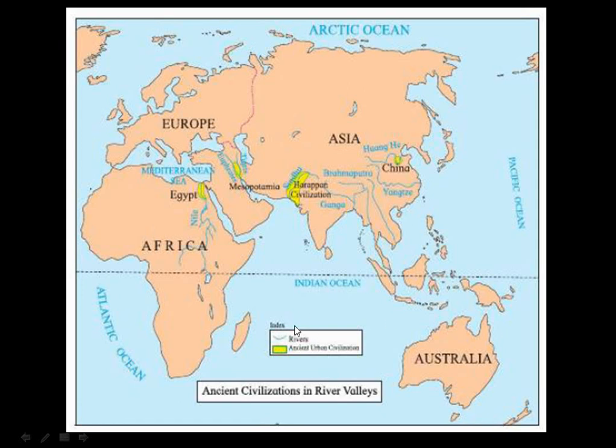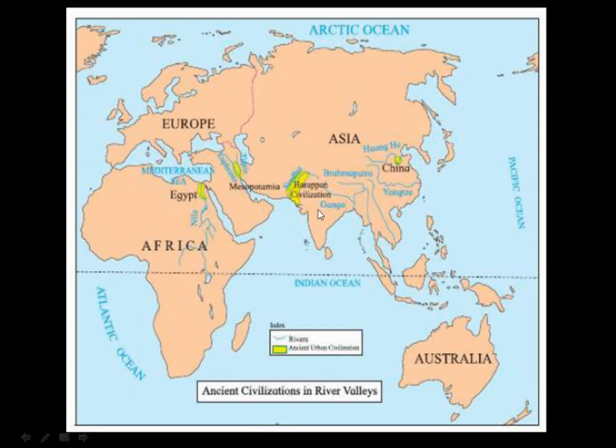If you look closely at the index, the blue color line shows the rivers and the yellow color shows the ancient urban civilization. So wherever you see the blue lines, these are the rivers.